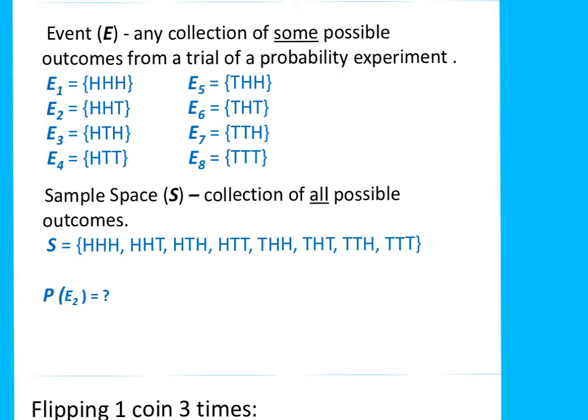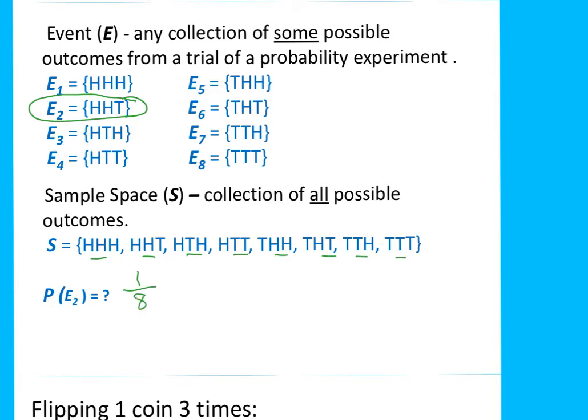So in this case, what is the probability of E sub 2? Notice, please, that E sub 2 is defined differently. It is specifically flipping a head and then a head and then a tail in that order. So there's only one way you can do that. And how many are in the sample space? We still have 8.